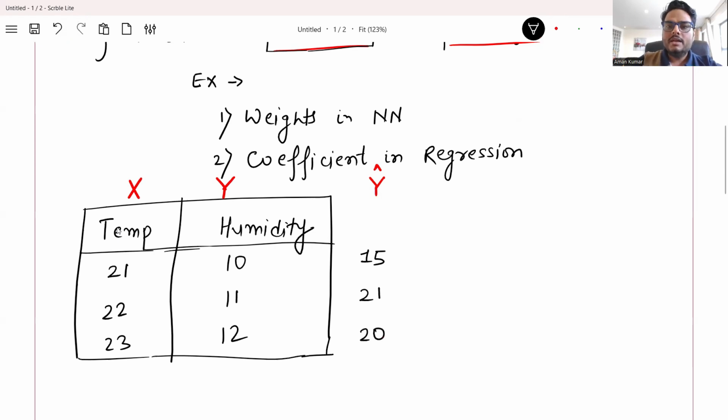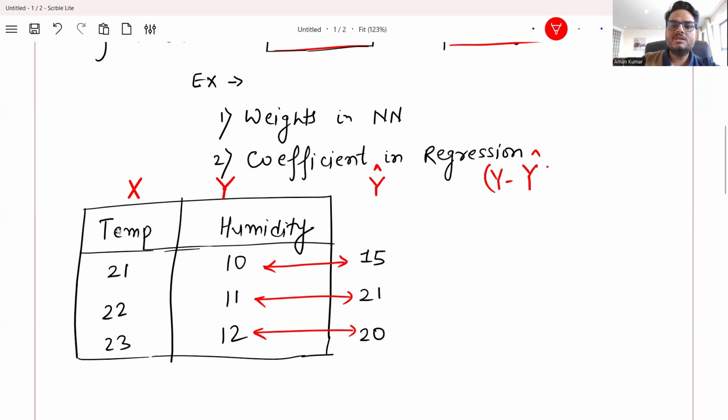Here the difference between actual and predicted, which I can represent as y minus y hat, will be minus 5 here, minus 10 here, and minus 8 here.